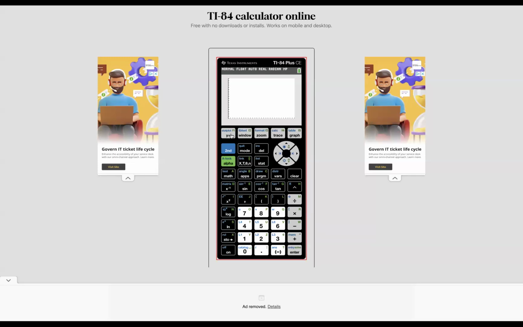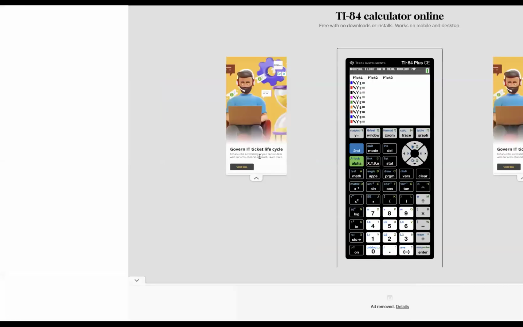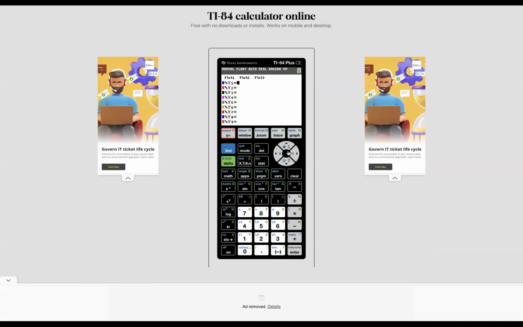But I need to store it, right? How do I graph it here?